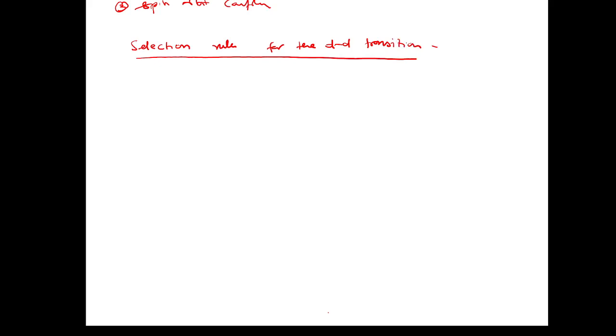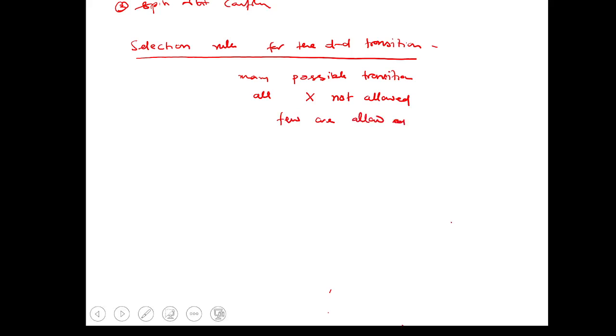So there are many possible transitions, but all are not allowed. Only a few are allowed.